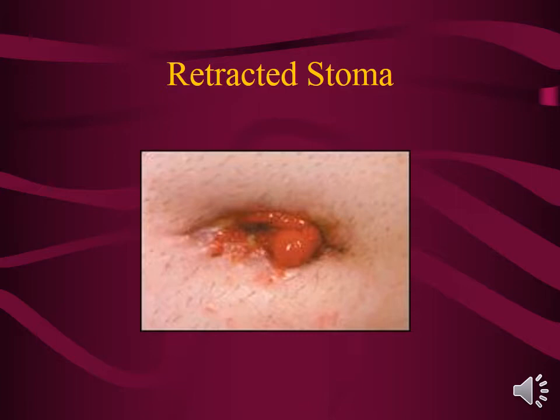This is a retracted stoma, and they're also going to require convexity. This is a little bit more complicated than that because this is where our friends like paste and paste strips come into play, because you've got to build up this flat plane.